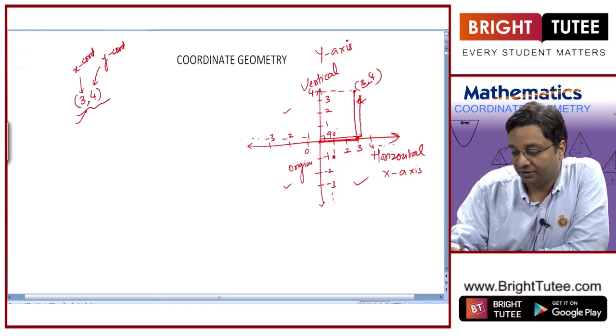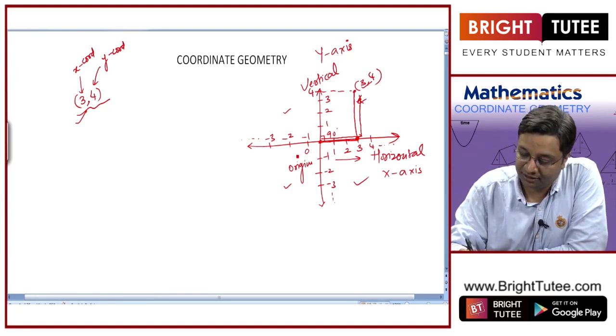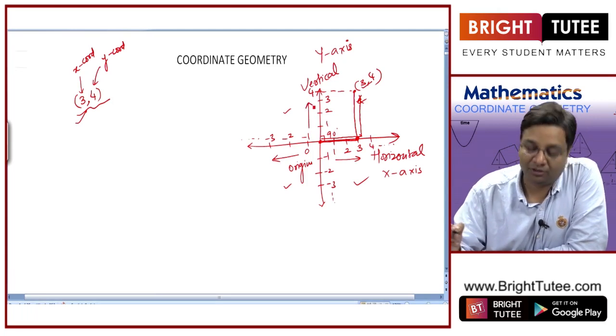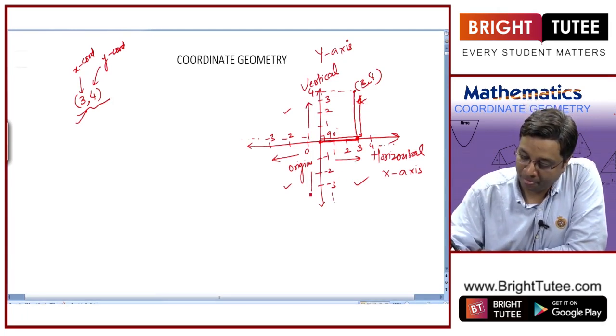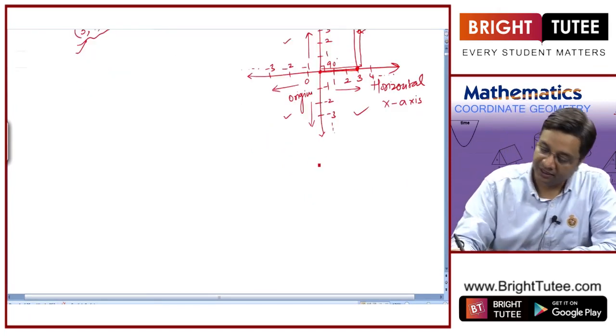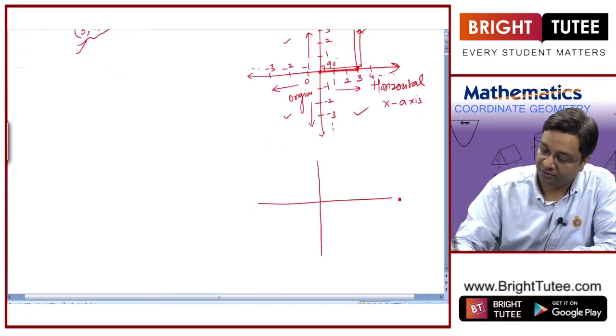Now we have already discussed that this side is the positive direction of x-axis, this side is the negative direction. This side is the positive direction of y-axis, this side is the negative direction of y-axis. So let me make this diagram once more.